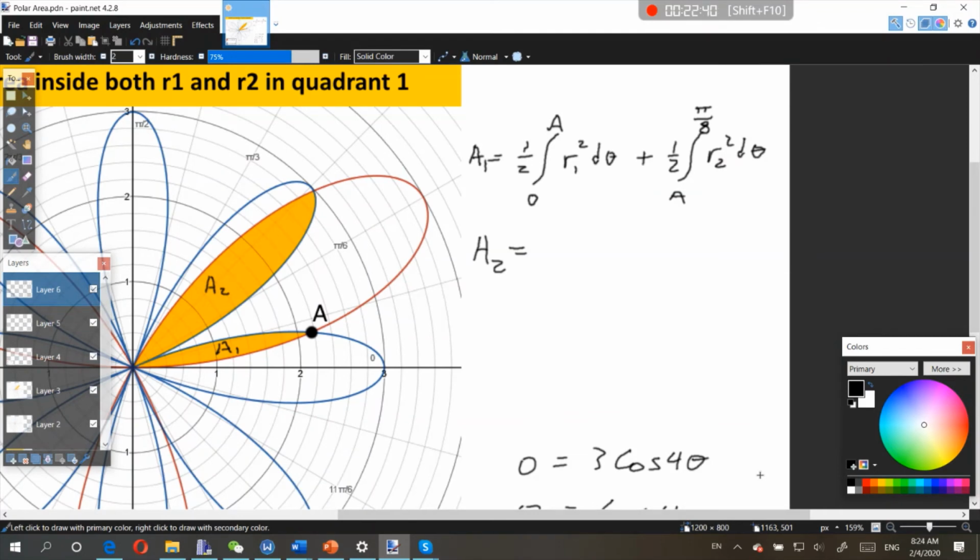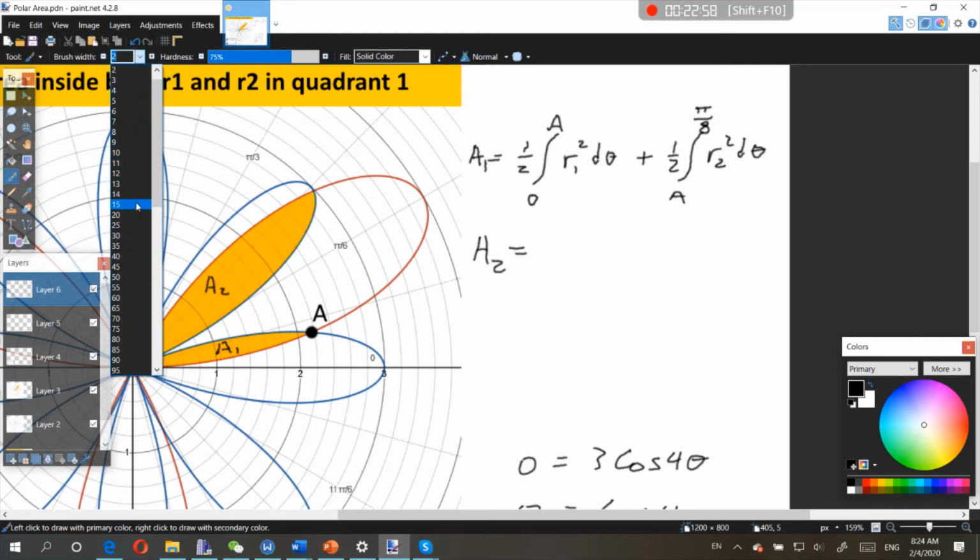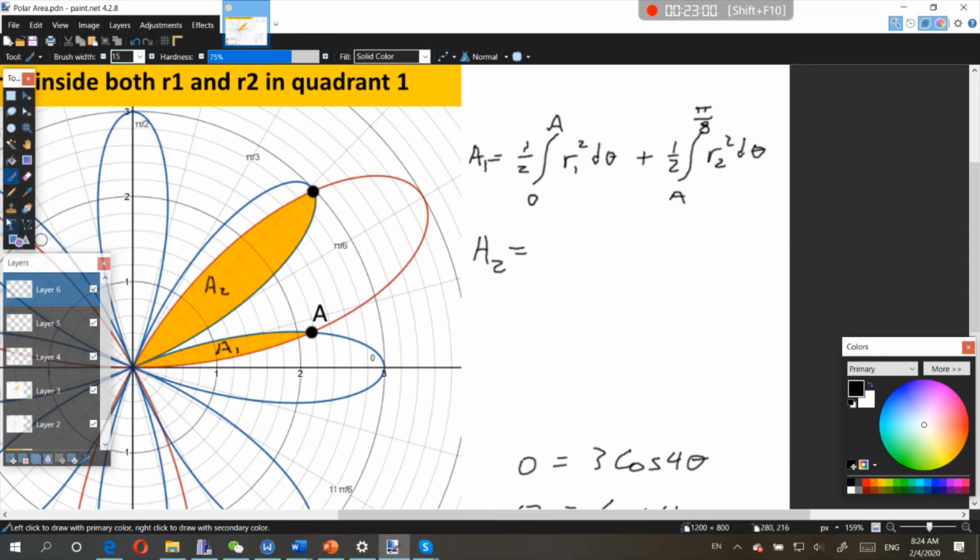So if I'm tracing this, am I tracing the blue function first or the red function first? Red one? Okay, so if we trace the red function first, my red function will be coming out this way, right? So my red function would go from b until the next time that the red function hits 0.